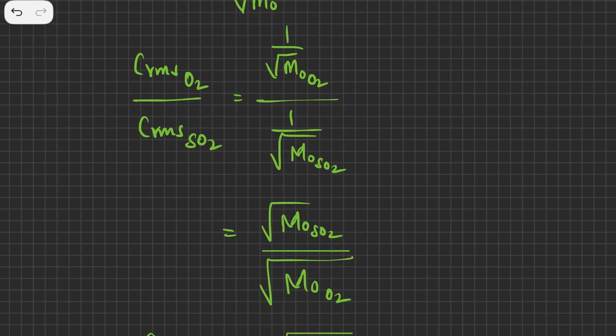Now this is a denominator's denominator, we'll just move it up: A upon B upon C upon D would be A upon B into D upon C. So the denominator goes up, so M0 of SO2 goes up, and M0 of O2 remains in the denominator.